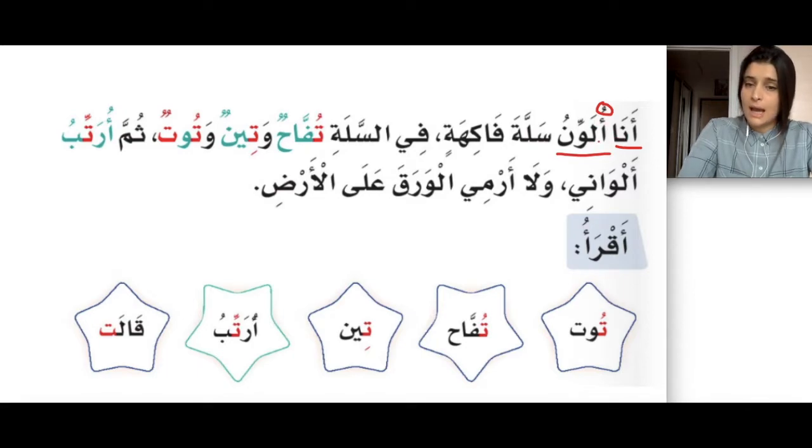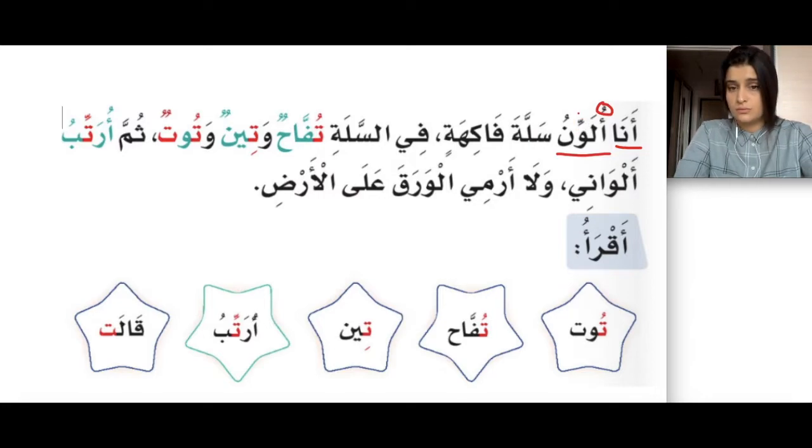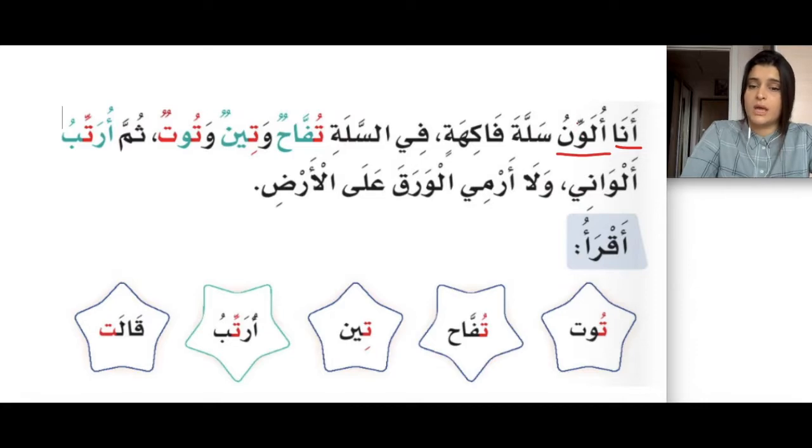Oo, la, wi. As you can see, letter Waw has Shadda above it. And you can remember from the last lesson, if we have Shadda above a letter, that means that we will pronounce this letter twice. Ulawi, ulawi.